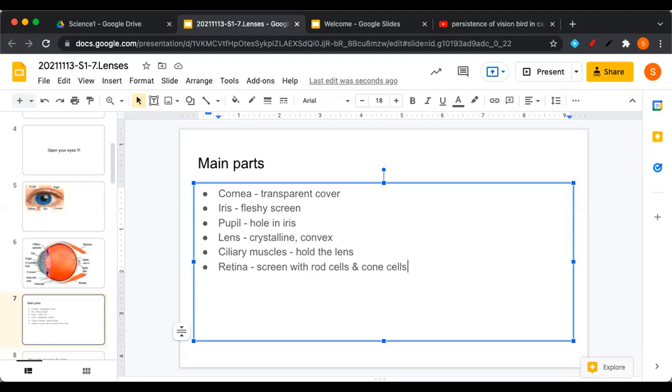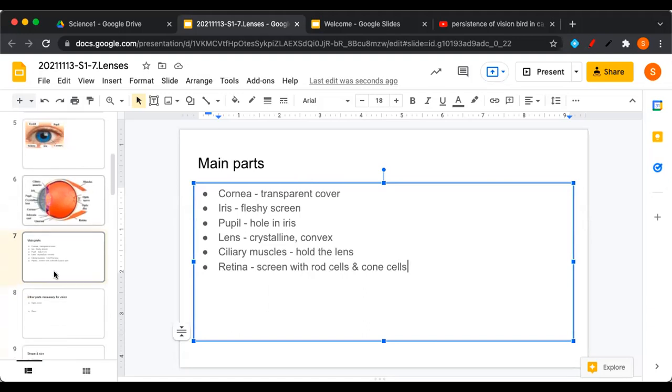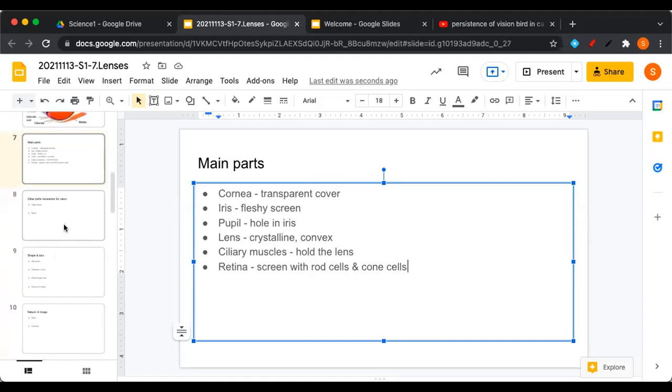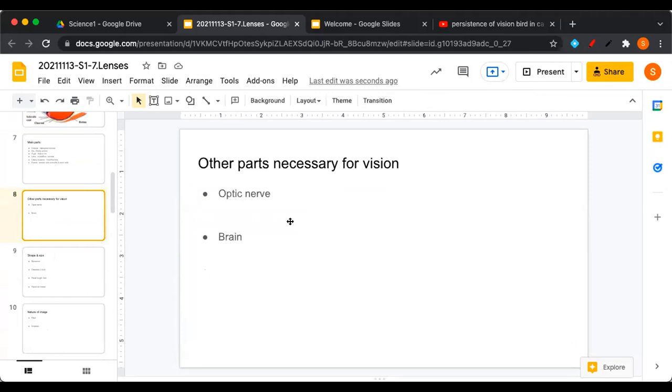Ready? Can we move forward? Please confirm. Okay. Then the two other parts, not directly of the eye but necessary for vision, are the optic nerve and the brain. So what does the optic nerve do?